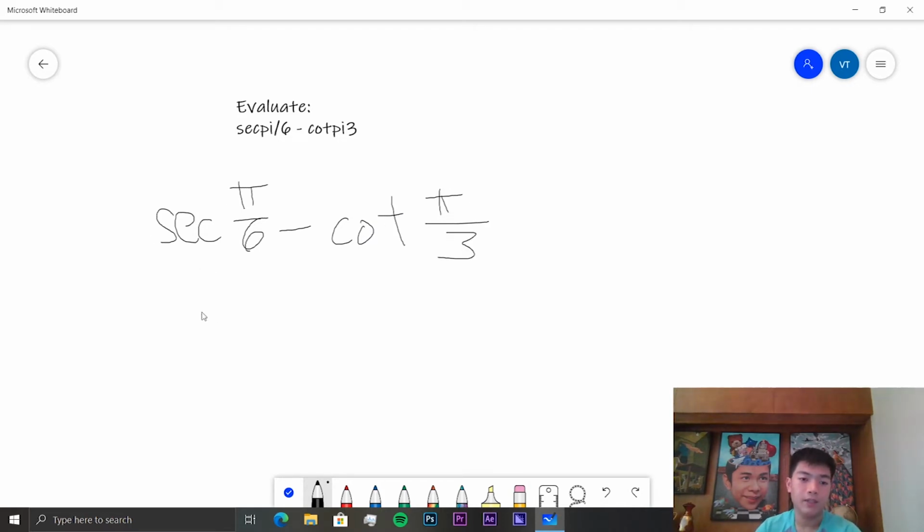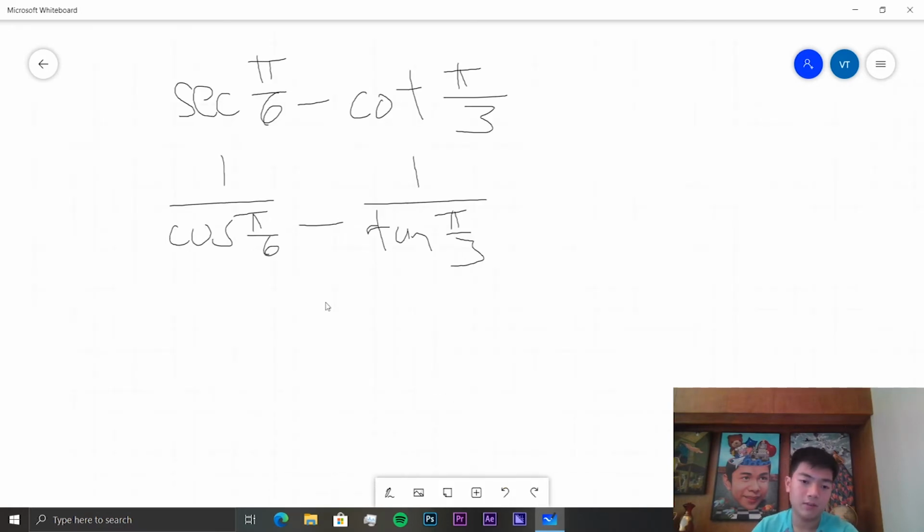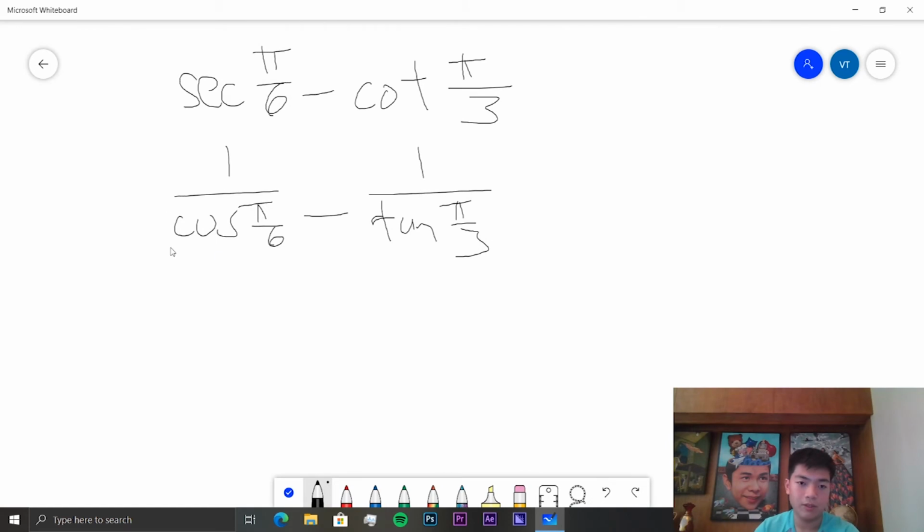So we know this is 1 over the cosine of pi over 6 minus 1 over the tangent of pi over 3. And if you memorize these values, you'll know that this is equal to 1 over root 3 over 2 minus 1 over tan pi over 3, which is root 3.